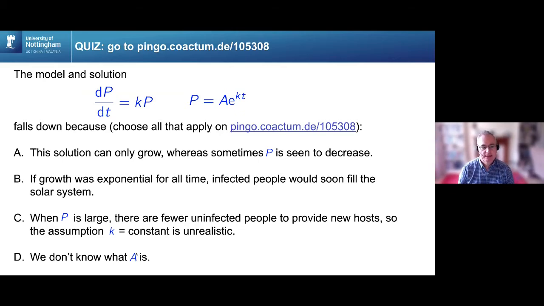It might be that as p gets larger, the fact that k isn't constant is something we need to account for. So as more people are infected, we need to account for the fact that there are fewer people to infect. And lastly, nobody told me what a is, so maybe that's a problem as well. So I'll leave you to finish that, and then I'll answer those questions and carry on.